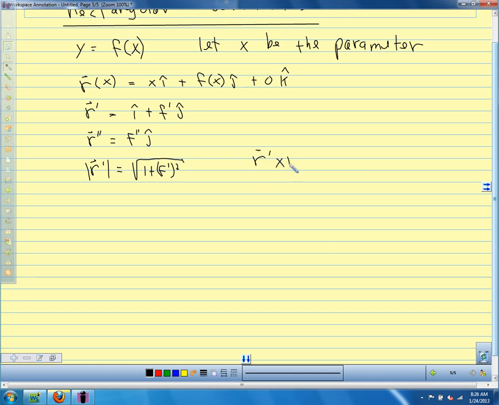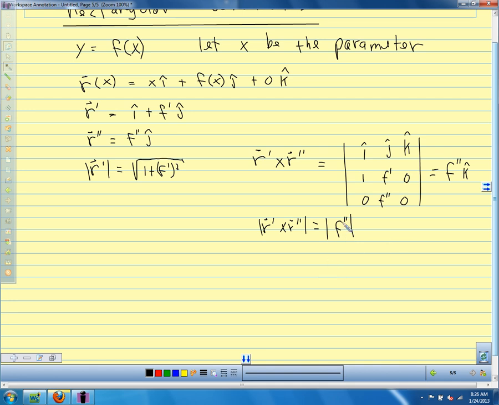So we're going to calculate our curvature. We need R prime cross R double prime. So we get the quantity ijk. We're taking this determinant: 1, f prime, 0; 0, f double prime, 0. When we do that cross product, it comes out to be f double prime k. And the magnitude of R prime cross R double prime is just the magnitude of f double prime.